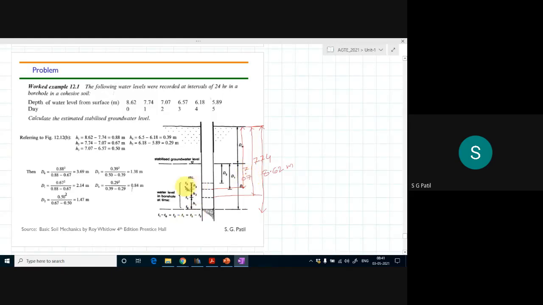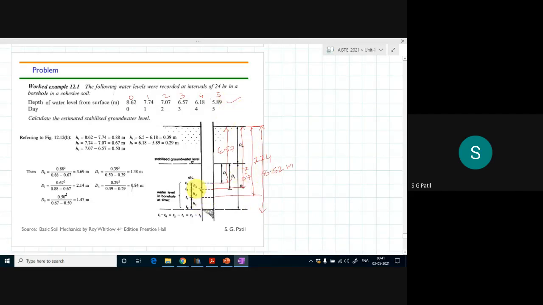This is 0th day, first day, second day, third day, fourth day, and this is the fifth day. Third day is somewhere here. What is the depth? 6.57 meter. Like that, I have taken the measurements.